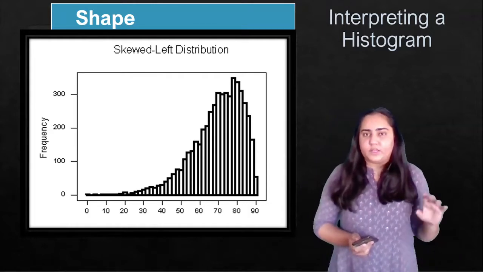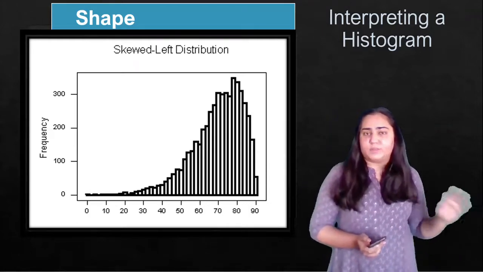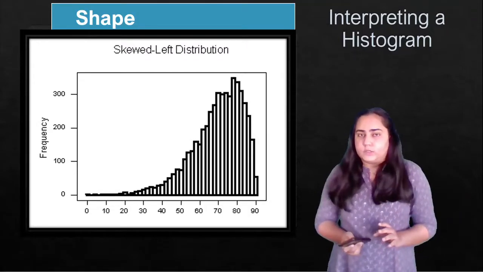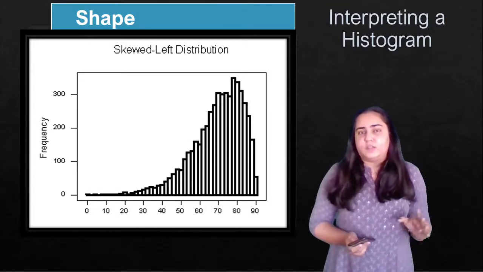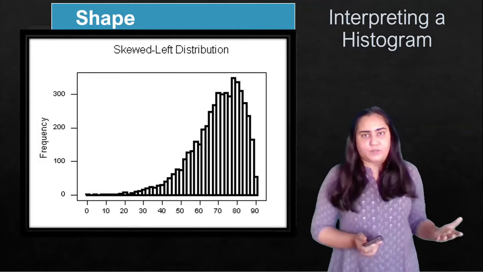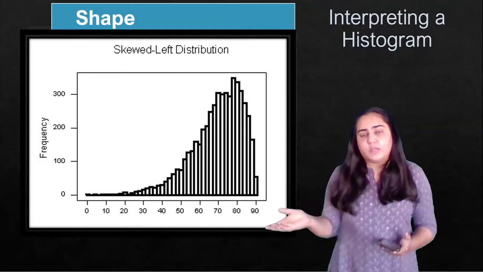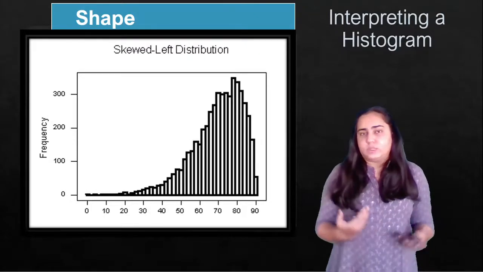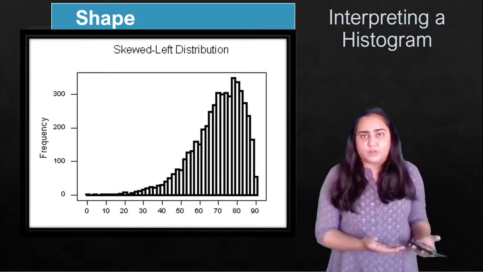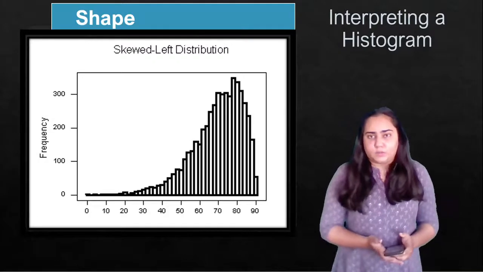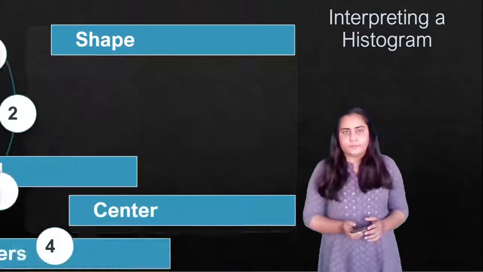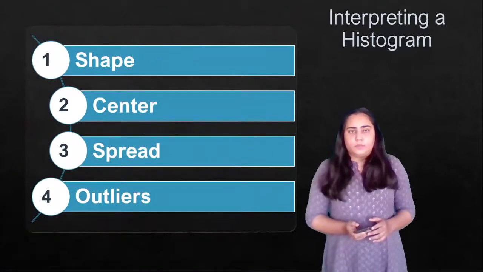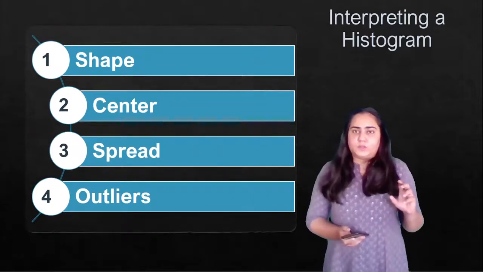So this is where I told you, you talk about how symmetric it is and how skewed it is. If a graph is skewed, then it's not going to be symmetric, as you can see, because it is skewed. So skewed is essentially the opposite of symmetric when we are talking about histograms. We also talked about peaks.